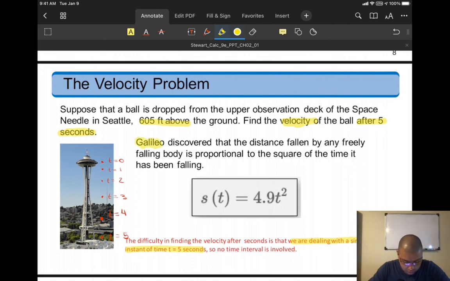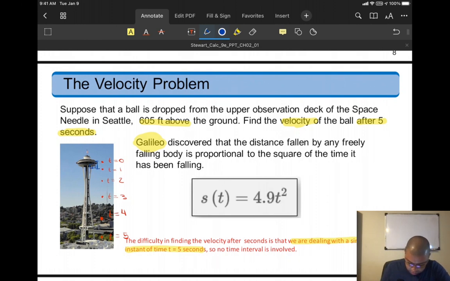So this is Galileo, Italian scientist, very intelligent person, with very many discoveries publicized by him. And he gives us the distance. So all that he does is the distance. So what Galileo gives us is, for example, this here would be s of 1.